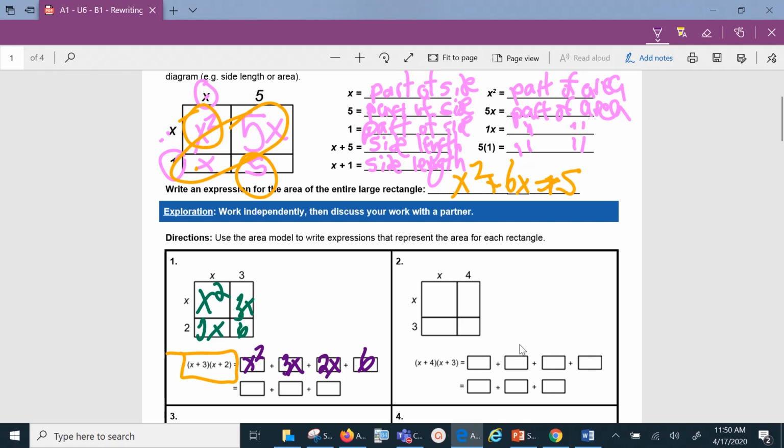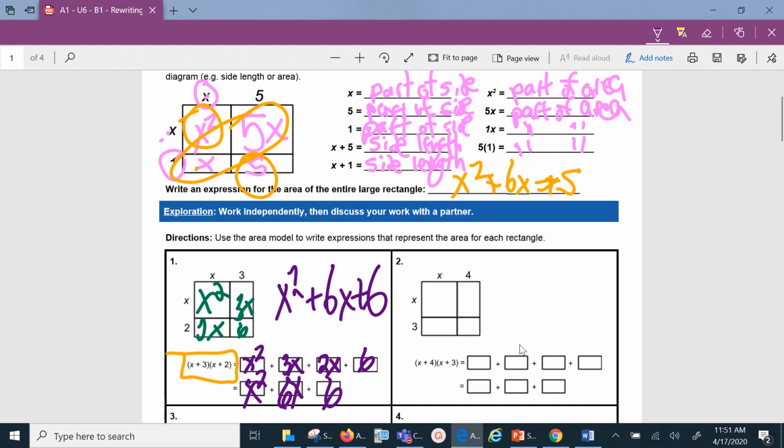So x squared does not have any like terms, so it stays x squared. 3x and 2x becomes 5x, and this is just 6. So your final answer for this is x squared plus 5x plus 6. So what's step one? Step one is draw the box, right? What's step two? Step two is using what you know about area, fill in the box, which is multiplying the lengths, right? And step three is to simplify.